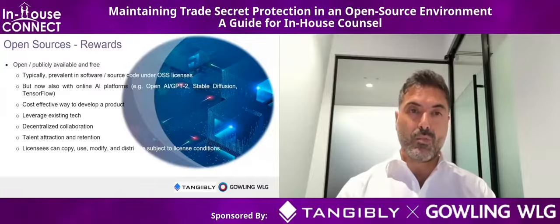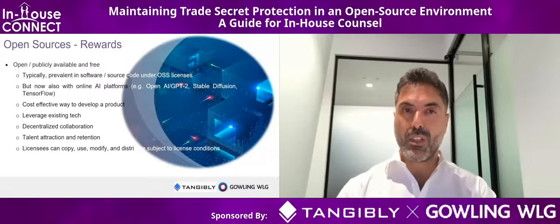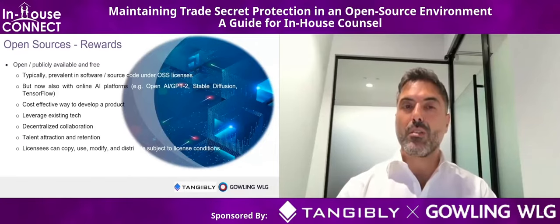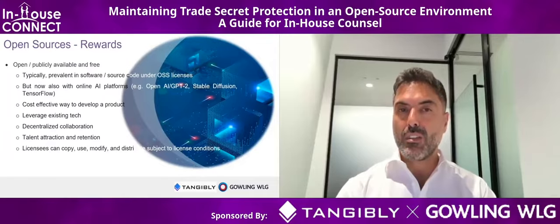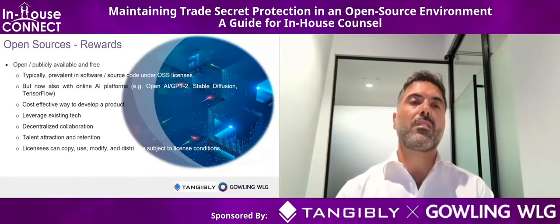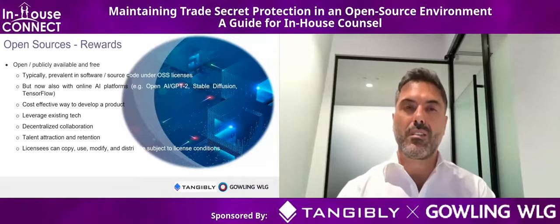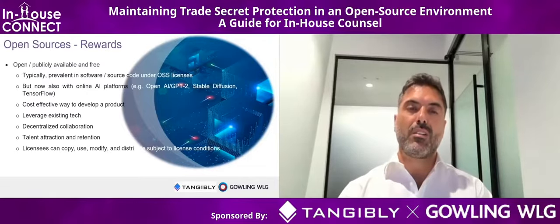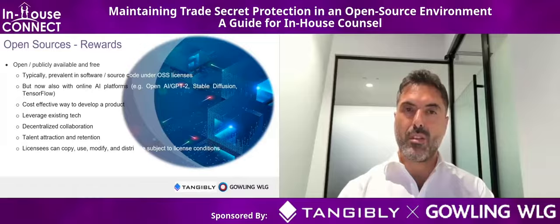Of course, open source does come with license terms. We'll be covering that in the next slide, but it also is now prevalent, as most of you know, with online AI platforms. So you will see with OpenAI, GPT-2, Stable Diffusion, TensorFlow, when you're providing input to these AI platforms, the output is open.